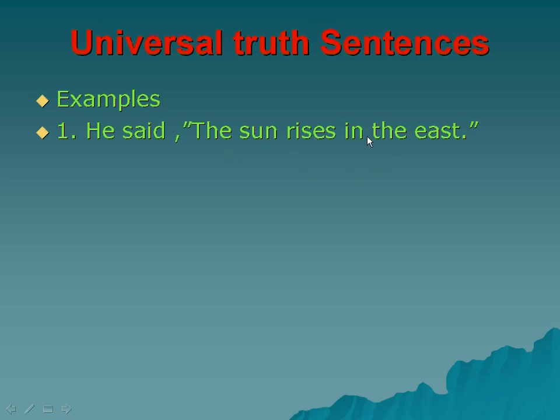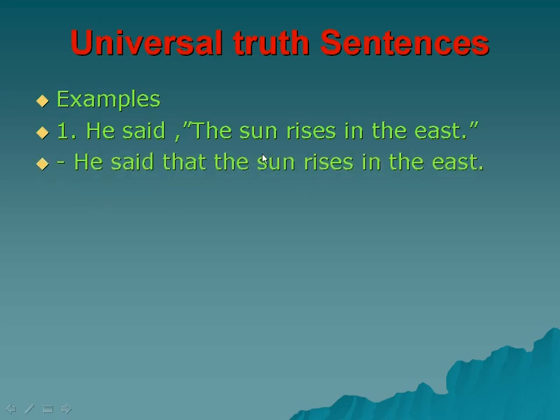This is a universal truth sentence. We should not change it while doing indirect narration. So the answer is, he said that the sun rises in the east.